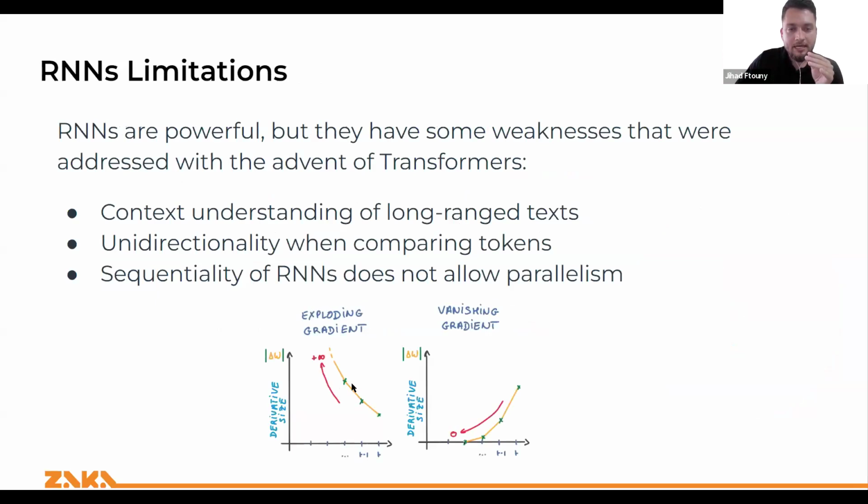Another point is the exploding gradient and the vanishing gradient as well. These are two things that happen during the calculation of the neural network, mostly during backpropagation. What we discussed so far was the feed-forward aspect. When we were discussing the neural networks, remember that we were going from the input to the output.